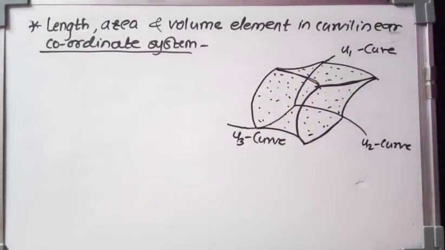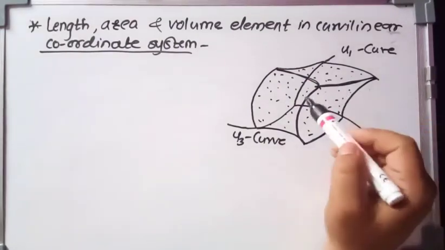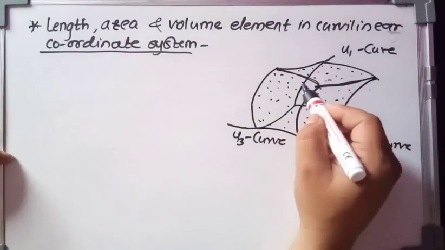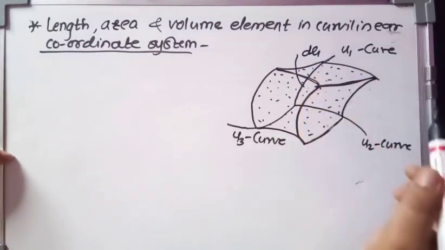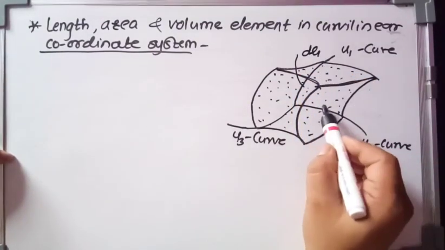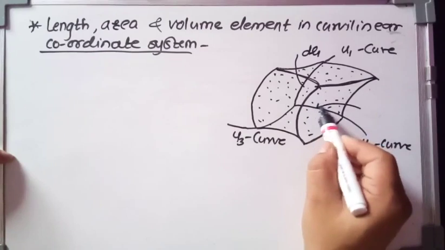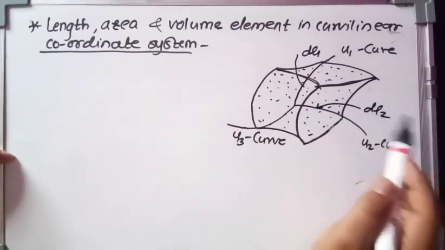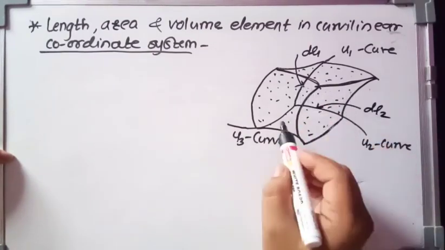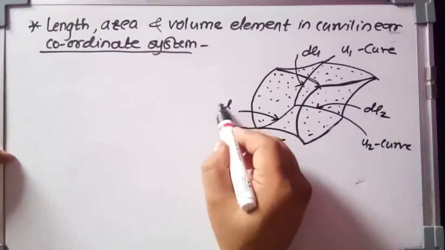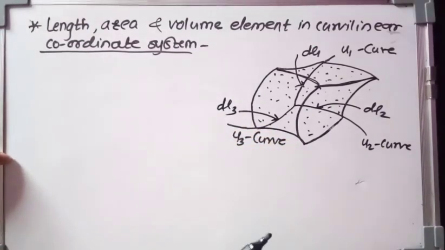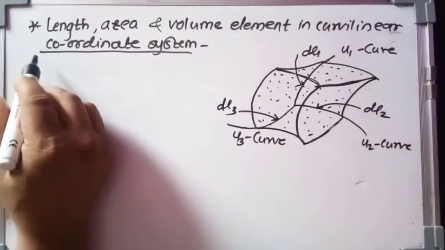The length element along U1 is known as dl1. That is, this is dl1. The length element along U2 is dl2. This is dl2. And length element along U3 is known as dl3. And we can write equations for length elements.